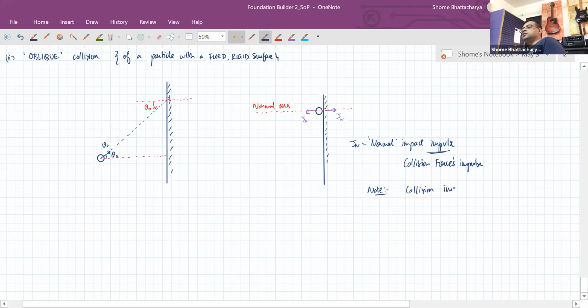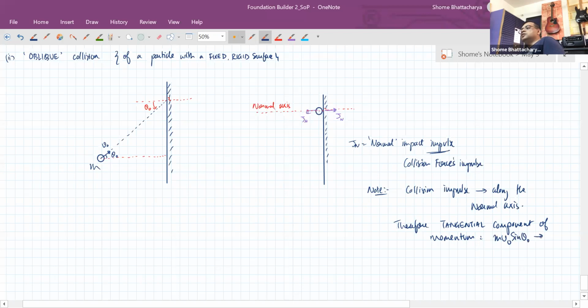The collision impulse is along the normal axis. Therefore, the tangential component of momentum, which you will see in the diagram, if the mass of the colliding particle is m, it is equal to m v0 sine theta naught. This is conserved.